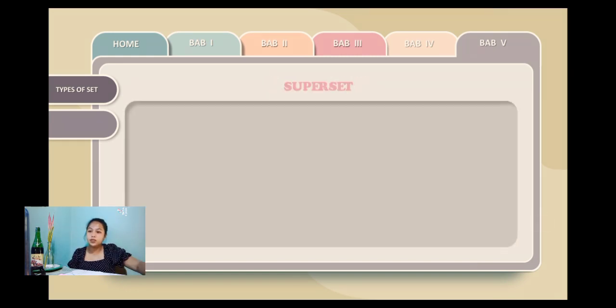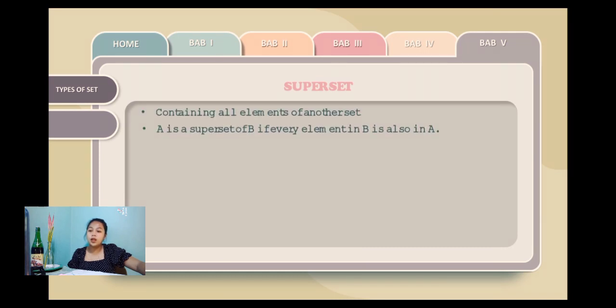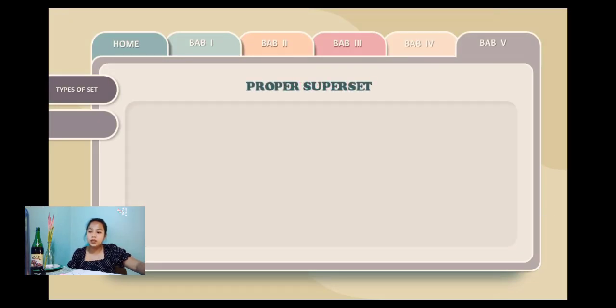Next one is the superset. It contains all elements of another set. A is a superset of B if every element in B is also in A. This is the opposite of subset.